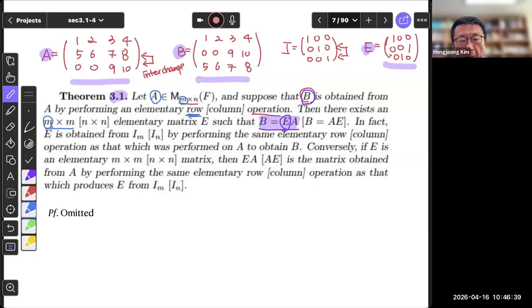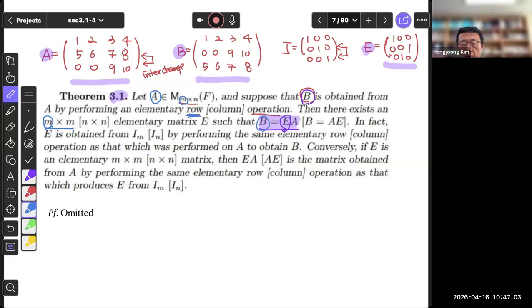So if A is an m by n matrix, you consider an m by m identity matrix, perform the same row operation on I, and then pre-multiply the resulting elementary matrix to A, and you get the B matrix.